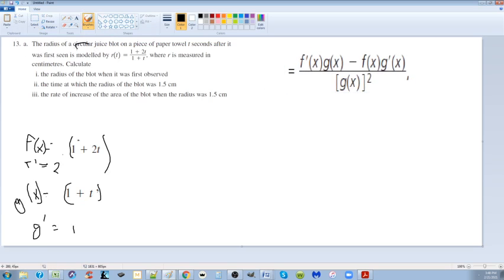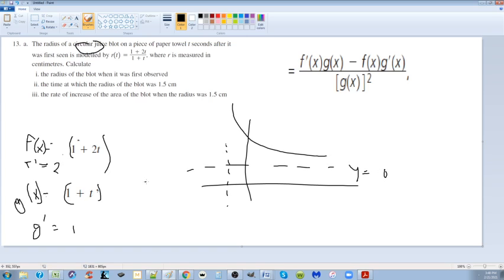The radius of a circular juice blot on a paper towel, t seconds after it was first seen, is modeled by this. So this is a rational function where when t is minus 1 there's a vertical asymptote, and there's a horizontal asymptote at y is equal to 2. And other than that, it's normal. So it's going to look like that.